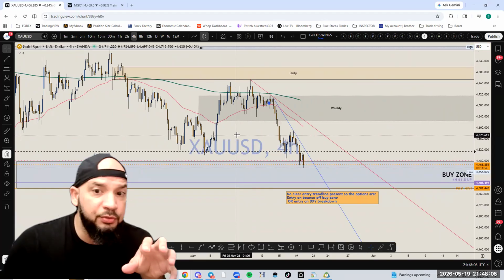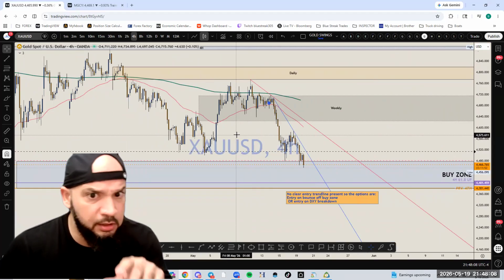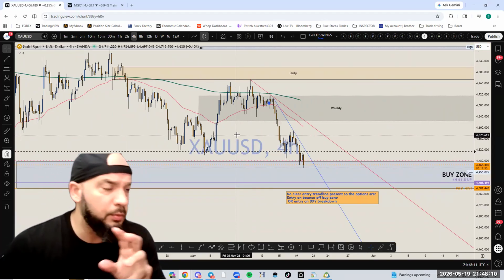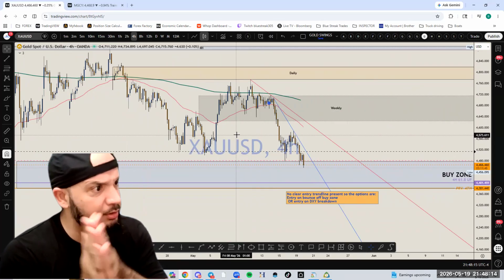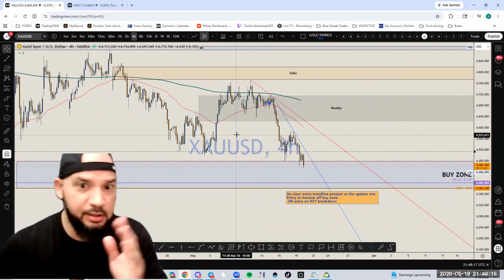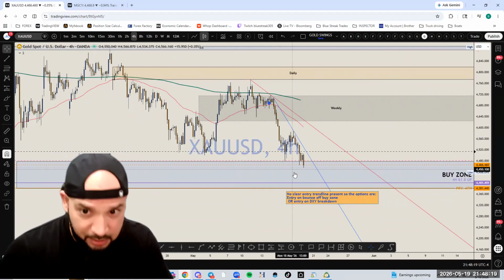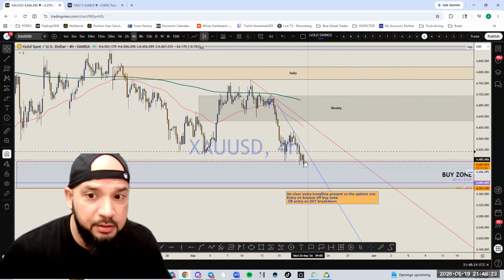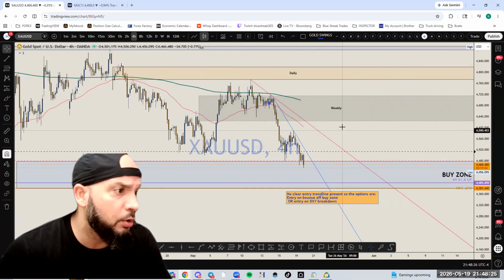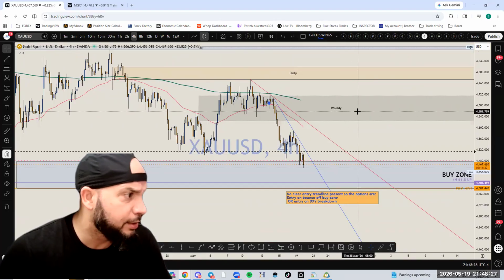The only thing I'm waiting for, I was going to tell you guys in the morning too, we're preparing to go long on gold for the remainder of the next month or two. As long as it stays within this buy zone and starts moving up, we are only looking for longs on gold.